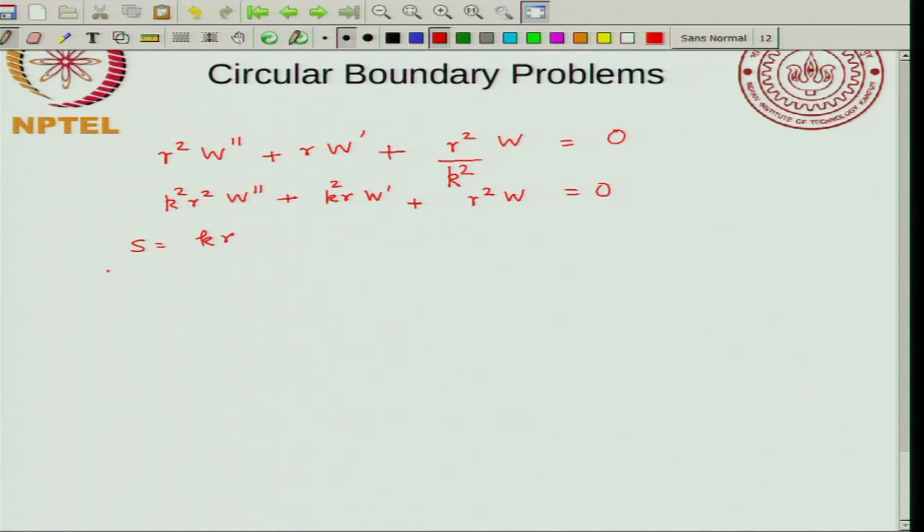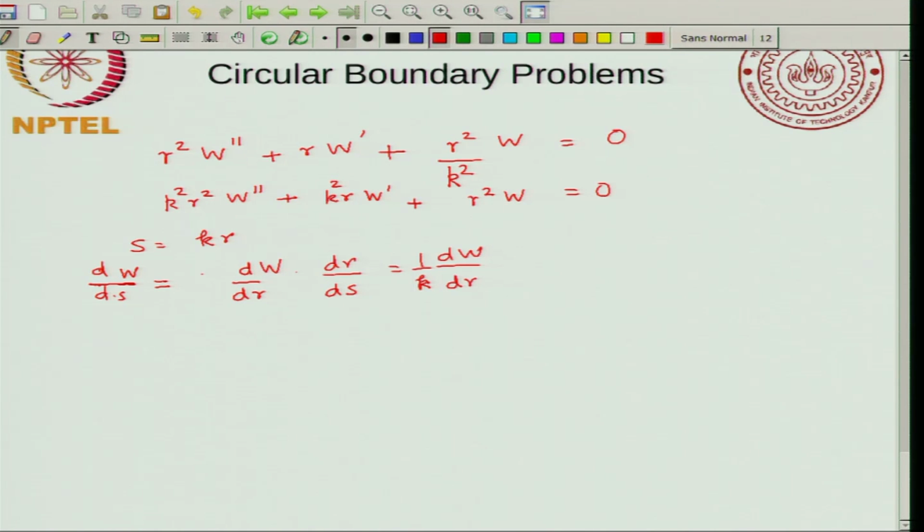Then I can see that dw by ds, this is an ordinary differential equation, is equal to dw by dr into dr by ds, and dr by ds is 1 by k.